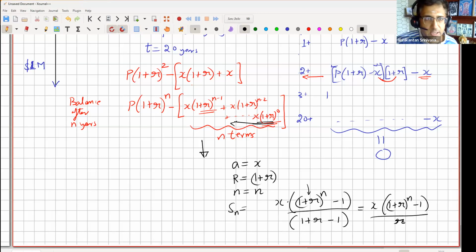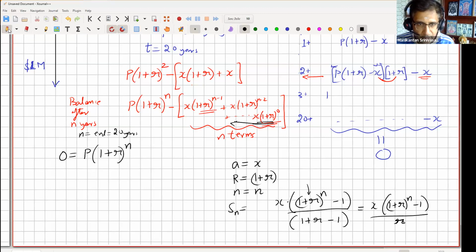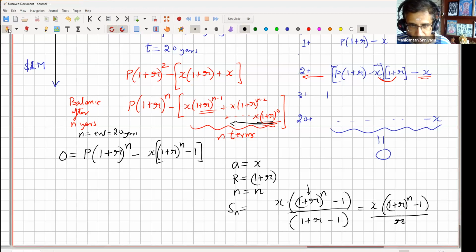Okay, so now I can just plug that in here, and at the end of 20 years, this balance is 0, which means 0 equals P into 1 plus R power N minus this expression that we just found, the sum, X into 1 plus R power N minus 1 upon R. I'm just saying this N is a general N, but in particular N is the end, as in 20 years in our numerical example.